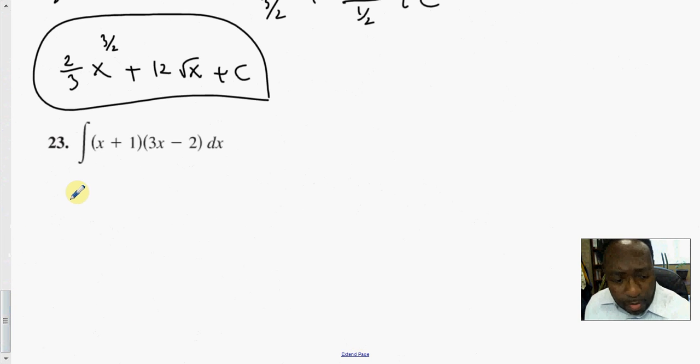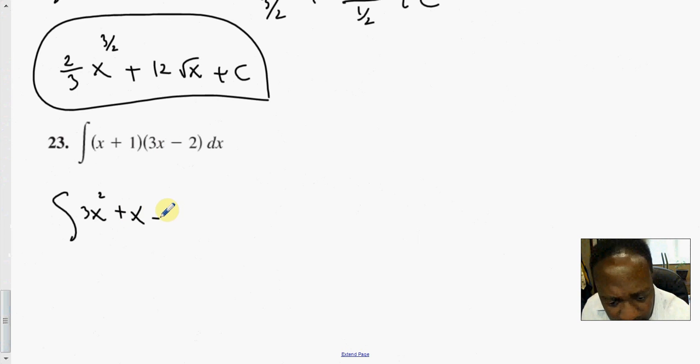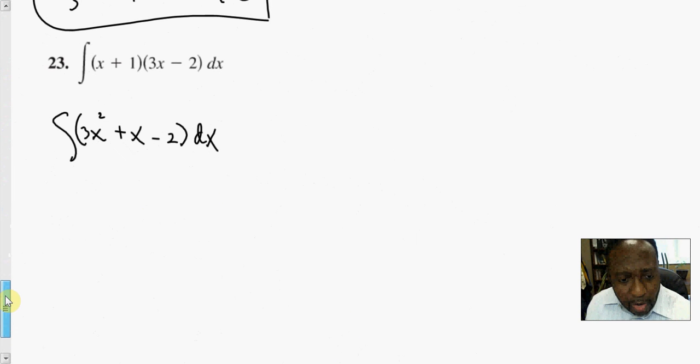And for this one, we FOIL, so we have 3x squared minus 2x plus 3x is plus x, minus 2 dx. So now we integrate.